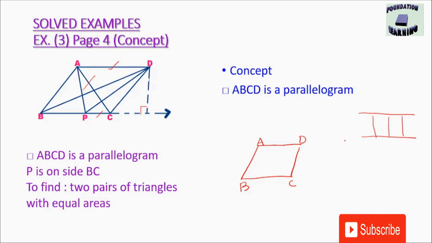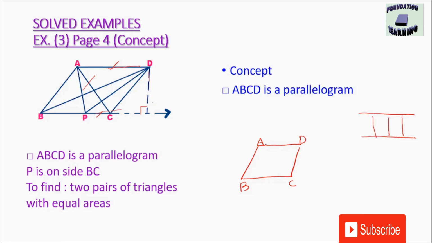So naturally, the height will be the same. For all the triangles, whether it is ABP or BDC or APC, any triangle you take, the height will be the same.